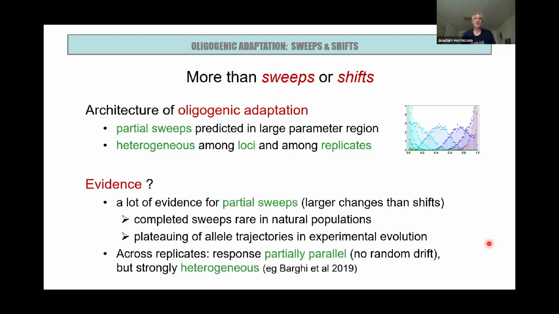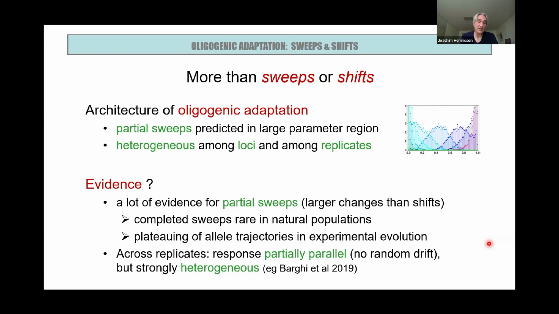And if we now look at empirical evidence for that, there's of course a lot of evidence for partial sweeps in data, meaning these are larger changes than just subtle shifts, right? Completed sweeps are even rare in natural populations. We frequently have this plateauing effect of allele trajectories in experimental evolution.